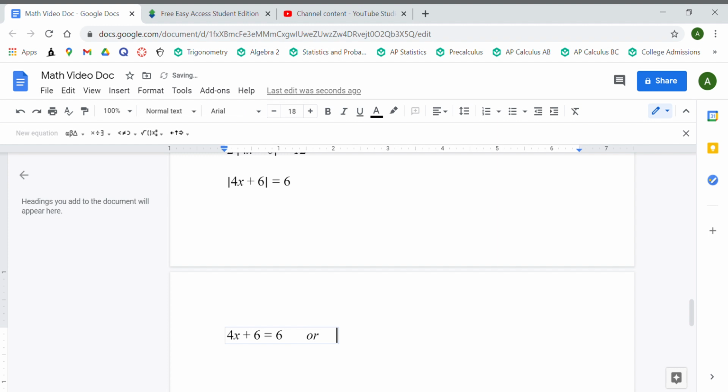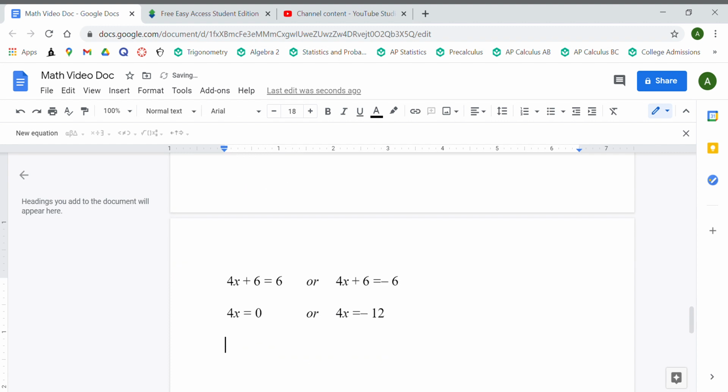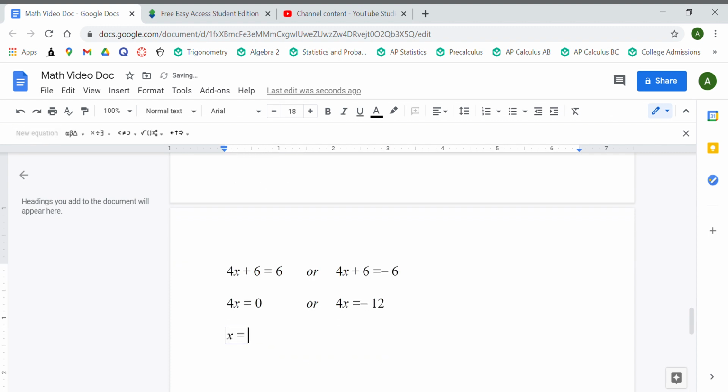And on this side you should have 4x plus 6 equals negative 6. Now solve each equation. On this side you should have 4x equals 0, because it's 6 minus 6. And then on this side you should have 4x equals negative 6 minus 6, which is negative 12. Then you should have the following solutions.